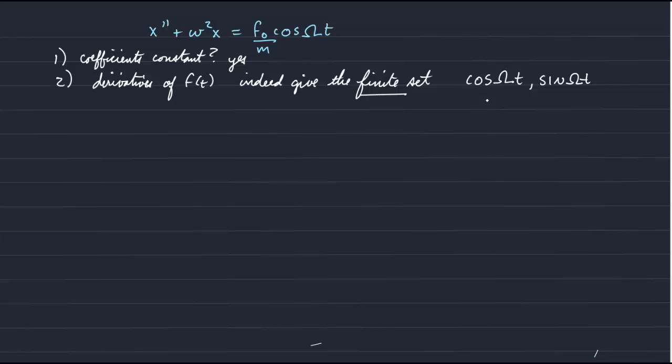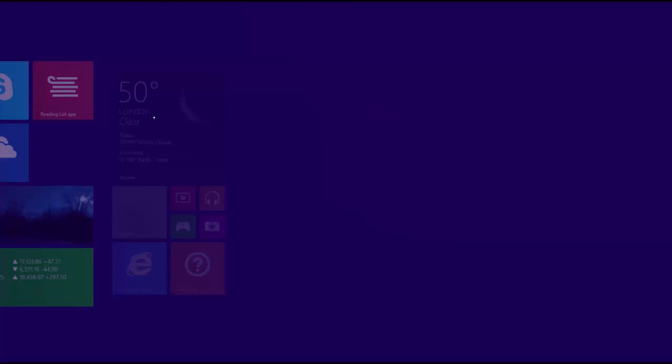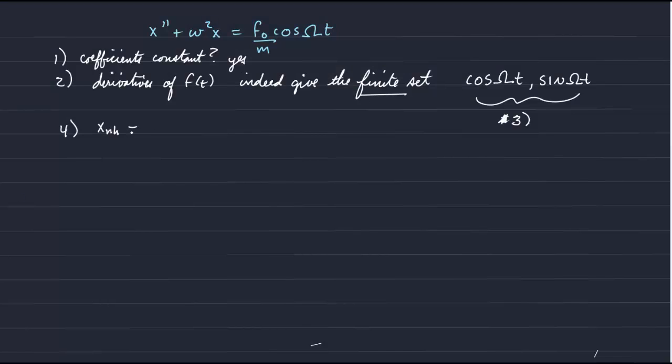Step number 3 was to identify the linearly independent set of functions. And number 4 was to tentatively set the non-homogeneous solution equal to a linear combination of that set. So that's C cosine capital omega t plus D sine capital omega t.